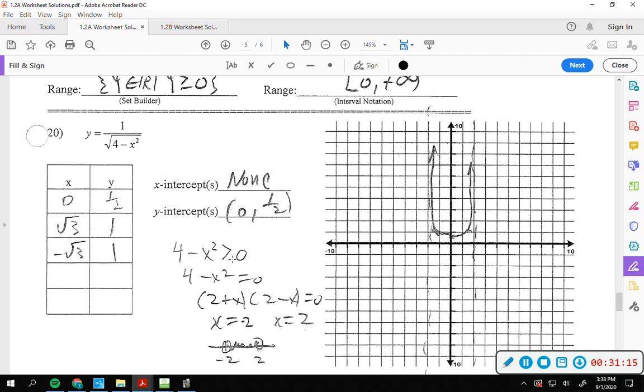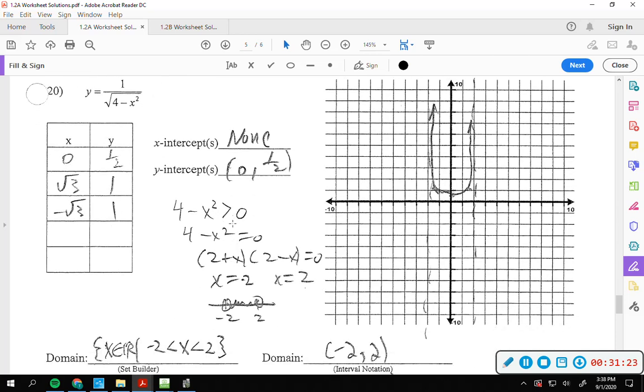But if I tried to plug 3 in, it wouldn't work. 4 minus 9 is -5. That's not greater than 0. The easiest way to do these inequalities with quadratics or higher is to treat it like an equation, find the critical points, and check the intervals. We're going to do this in calculus all the time when we do first derivative and second derivative sign charts. This is the best way to do it.